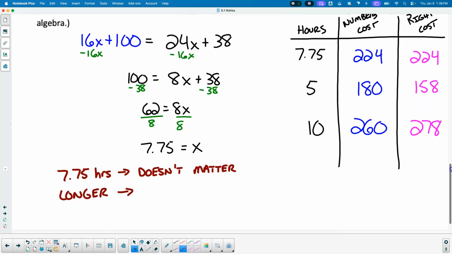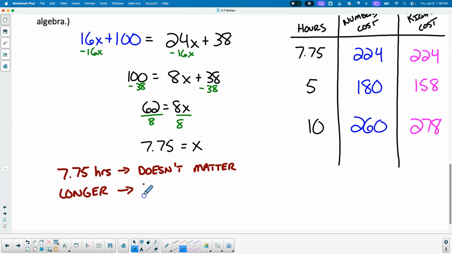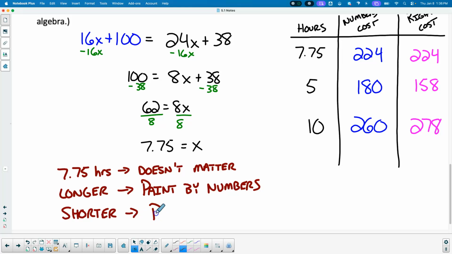Yeah, Paint by Numbers. If it's going to go shorter, then you go with Paint It Right. Okay? Get it?